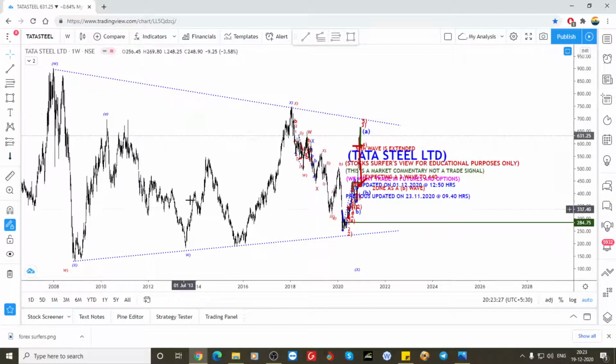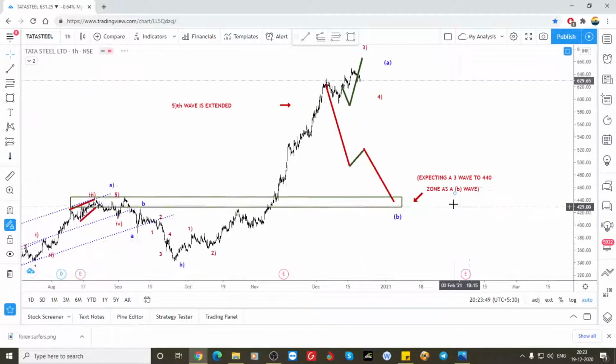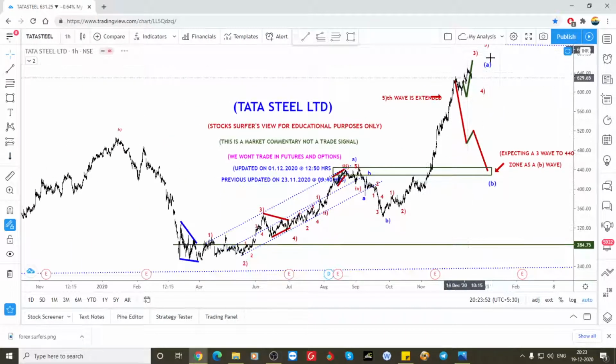If so, the whole thing becomes an irregular flat or a running flat. Because it has already broken the high, this is W, X, ABC is Y completed. So if it is a 1, 2, 3, 4, 5, it has to break this high again also. Mind that it is a weekly chart. So a lot of possibilities are there.